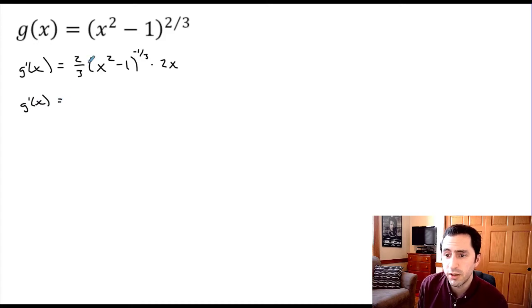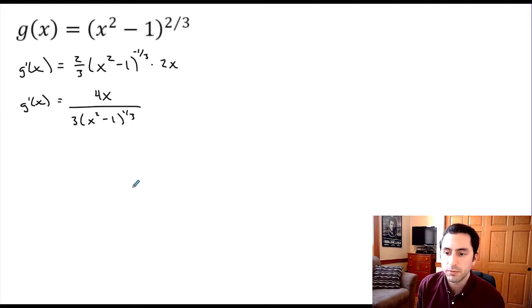In the numerator, I'm going to end up with 2 times 2x, so that's a 4x. And in the denominator, I have this 3. And then instead of a negative exponent, I'm going to take this binomial and move it down into the denominator, x squared minus 1 to the 1/3 power.